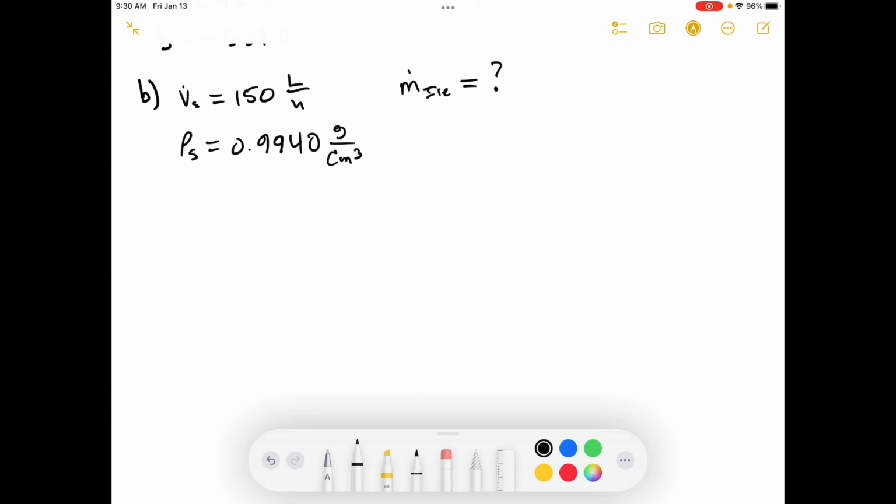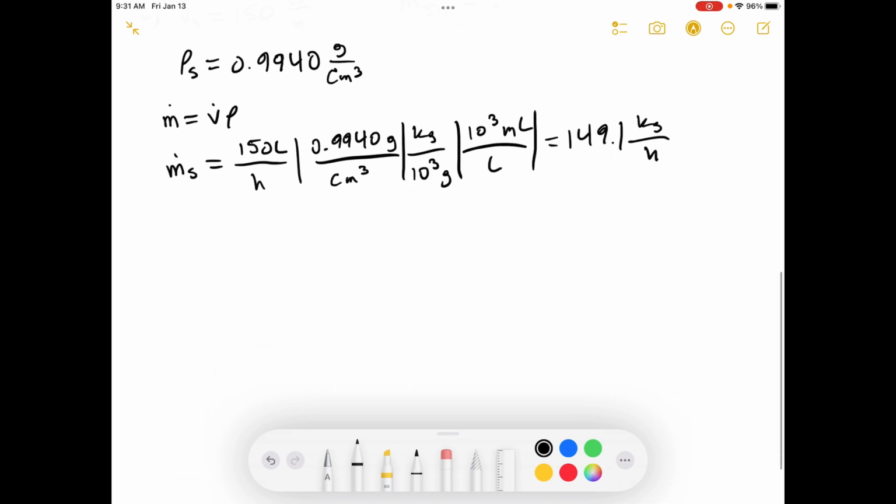Let's start writing down some of the things that we know about this. We know that the mass flow rate equals the volumetric flow rate times the density, and so we can get the mass flow rate of the stream. Then we know that the mass flow rate of the stream is equal to the mass flow rate of IL plus the mass flow rate of water.